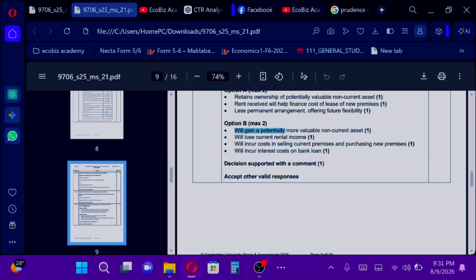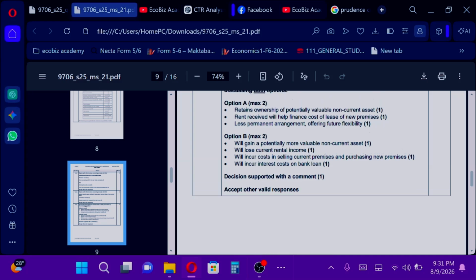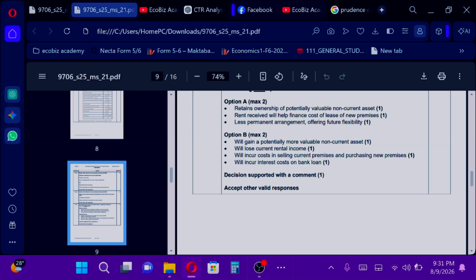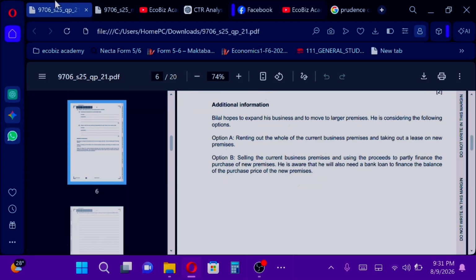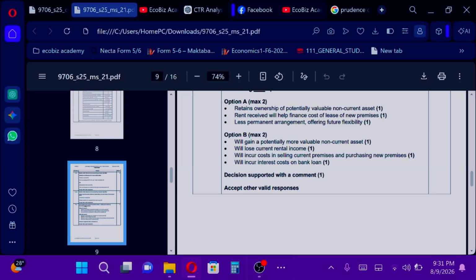Option B, this is also true. We will gain potentially more valuable current assets because we're selling this one and getting better current assets. But this point is also the same. We can see this point in option A because we're also selling it and getting a better asset, right? Yes. Also, we'll lose current rental income.